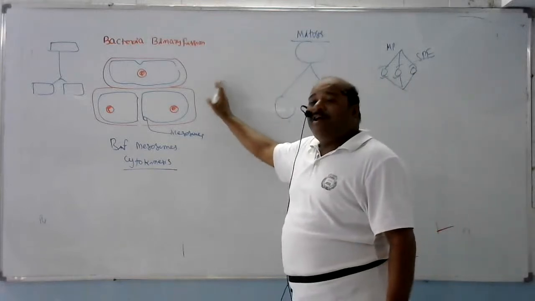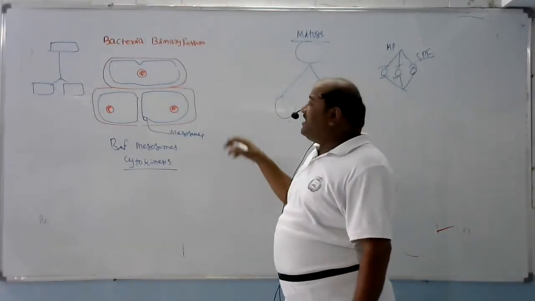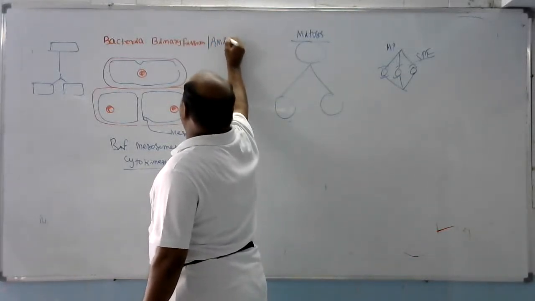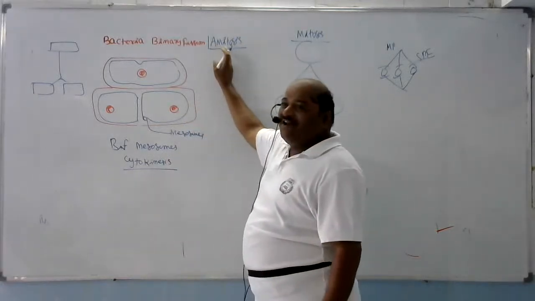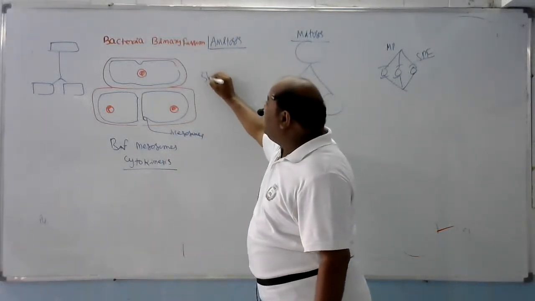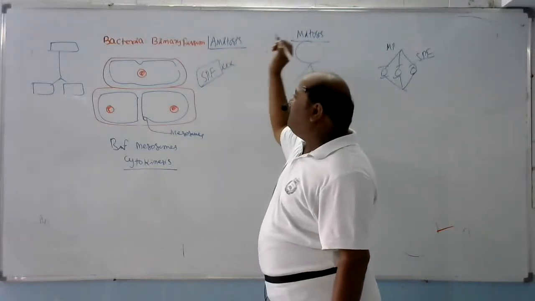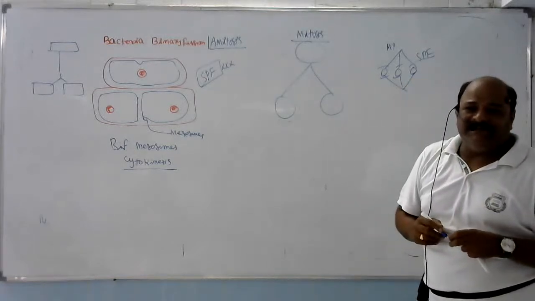In the mitosis metaphase stage, the spindle apparatus or spindle fibers are formed. What is the common concept? In bacteria, once the cell is divided, how many cells do we get? Two cells. In the mitosis process also, once the cell is divided, we get two cells. Sir, why are both not considered the category of mitosis? Because bacterial binary fission is otherwise called the amitosis process, since it is not accompanied by the formation of spindle fibers.